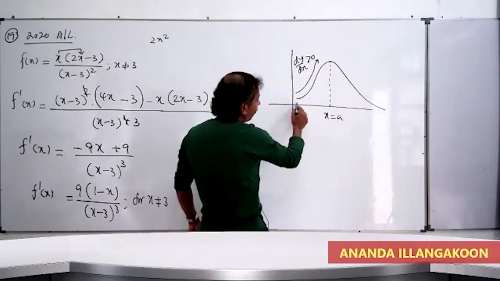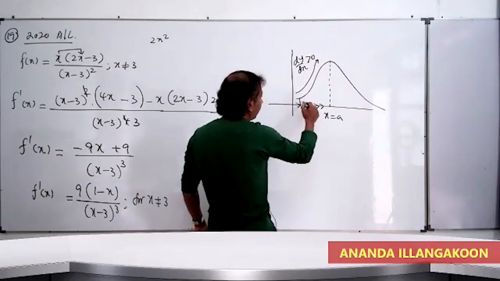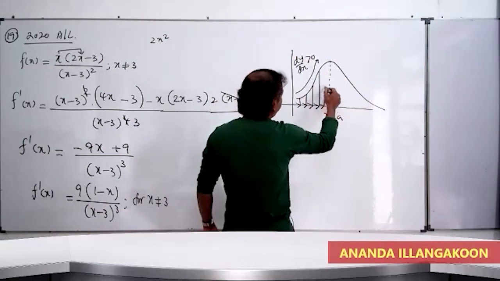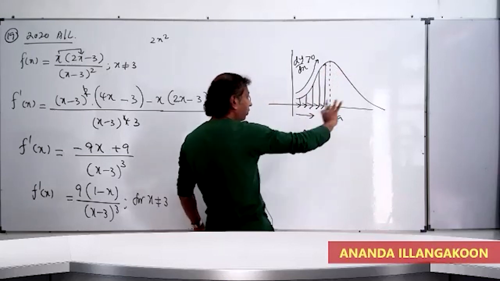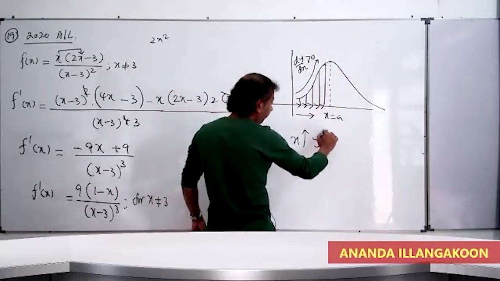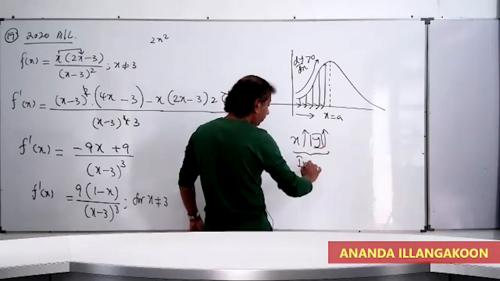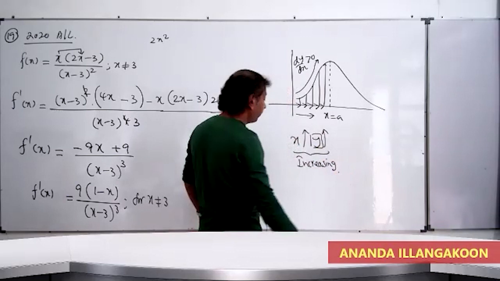When we walk along the x-axis to the right, you can see that y is increasing. As x increases, y increases. Then we say, since y is increasing, the graph is increasing.